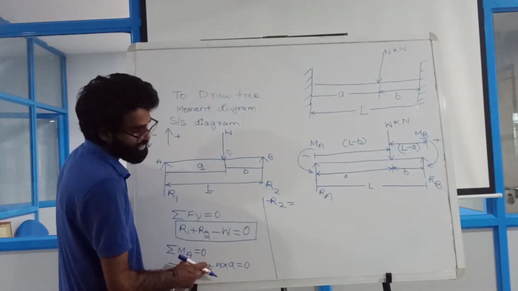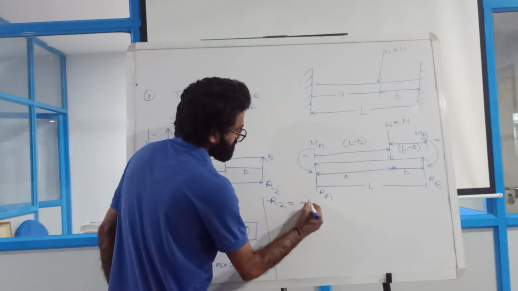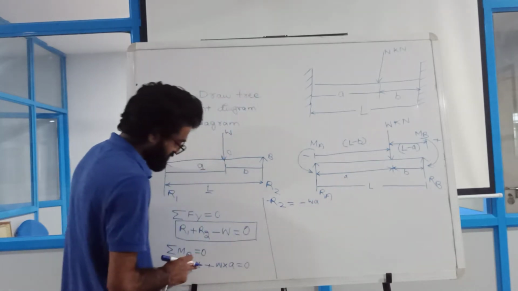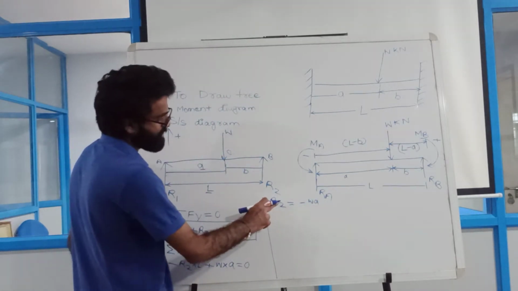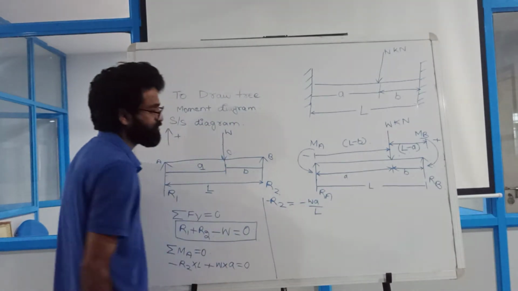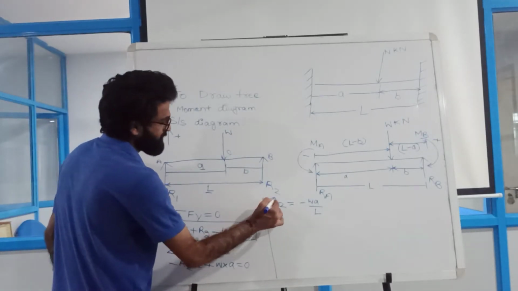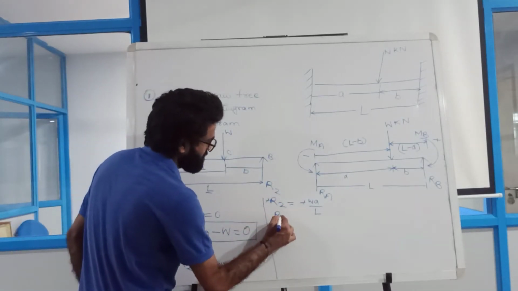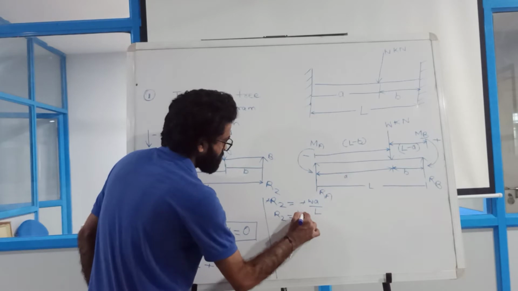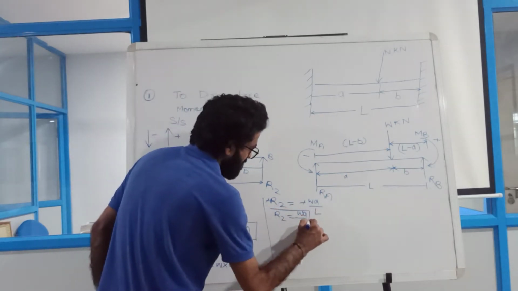This value is positive here, so it turns out negative on the other side. So minus W a, and this L goes down, so it is minus W a by L. Both minus signs cancel, and I get R2 equal to W a divided by L. This is the value of R2 I got.